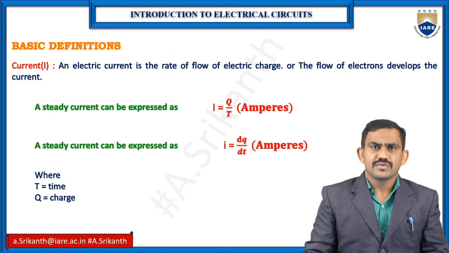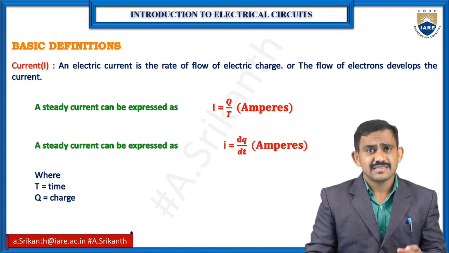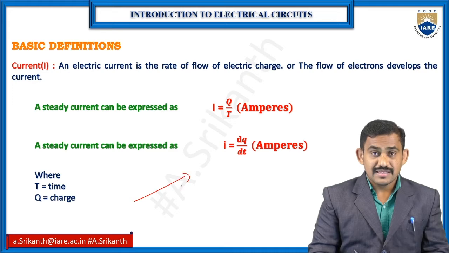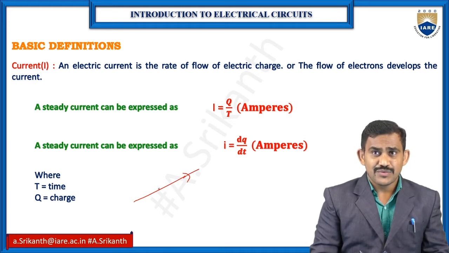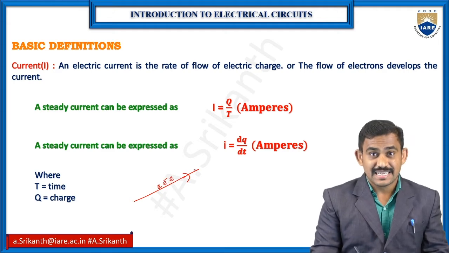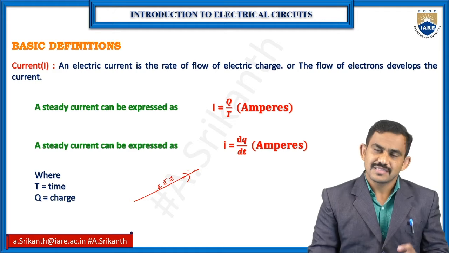And coming to definitions, we have current. Suppose here I have a conductor. The conductor has free electrons. The flow of electrons in a conductor is nothing but your current. Simple.